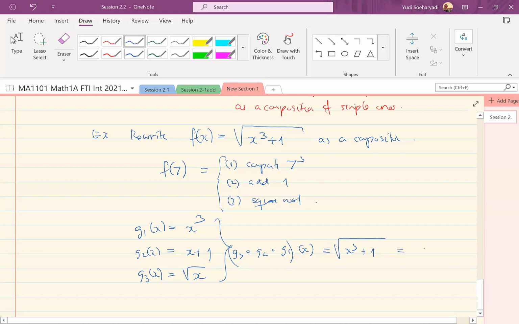Okay, so this is what you have. So decomposition means writing in simpler forms. And this is not unique actually.